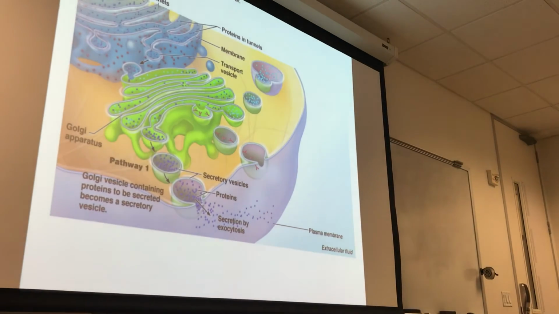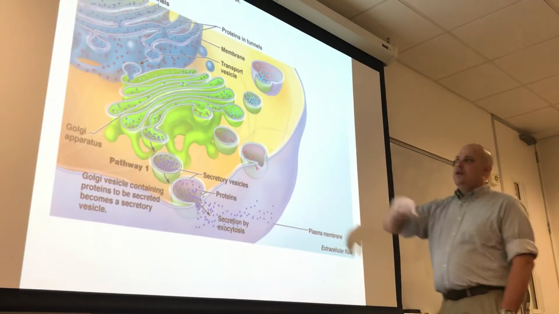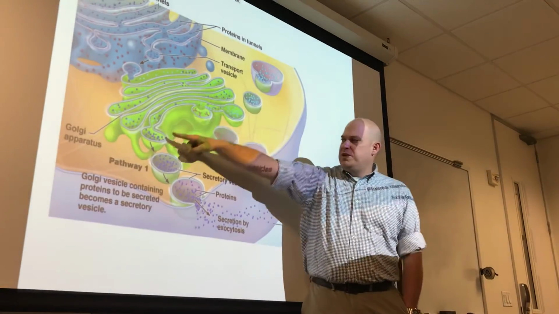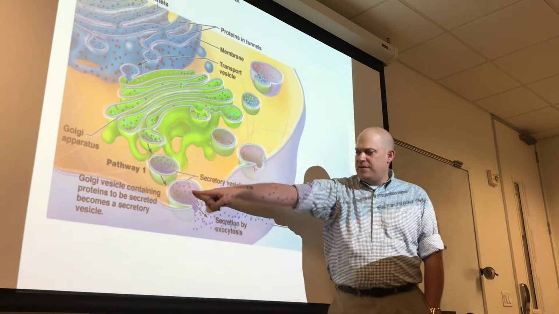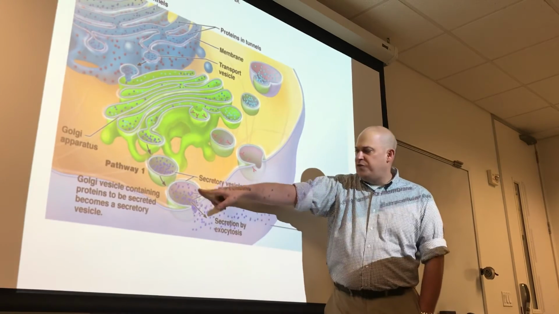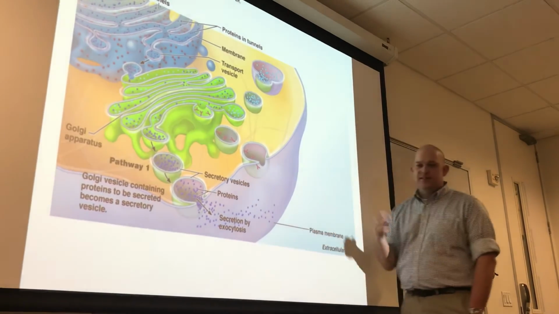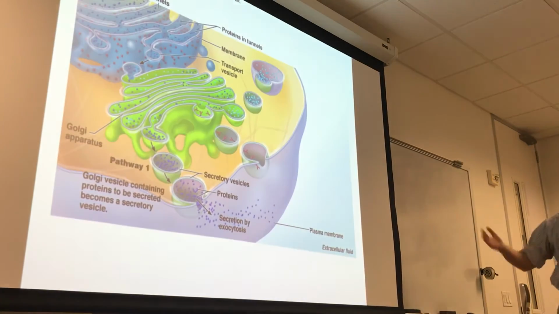The Golgi packages the material and kicks it out of the cell. What the Golgi will do is put it into a vesicle, move that vesicle to the plasma membrane. That vesicle will fuse with the plasma membrane and allow that material to exit the cell. This is referred to as exocytosis.